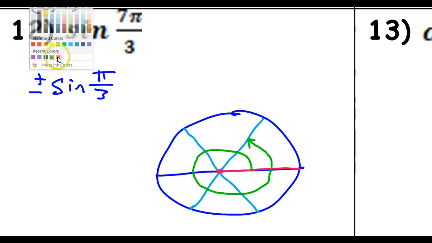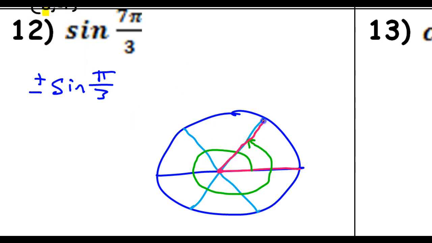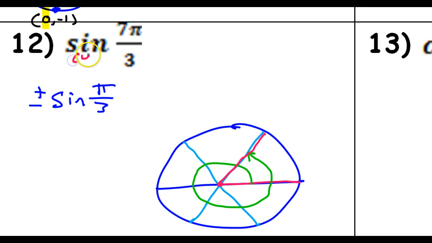So 7 pi over 3 is right here. Is this positive or not? We're talking about the sine function, which is a y value on the unit circle. Up here, y values are positive because we're above the x-axis, which means that the sine of 7 pi over 3 and the sine of pi over 3 are the same. I don't need a negative sign here.